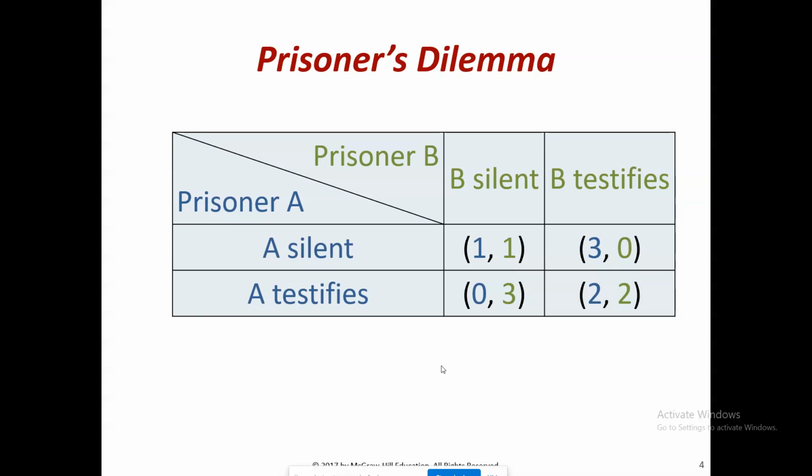Let's summarize the payoffs for each decision pair they choose. Prisoner A can choose to be silent or to testify. The same is true for prisoner B. B can be silent, B can testify. Then each parenthesis represents the years of a sentence for the corresponding choice pair.